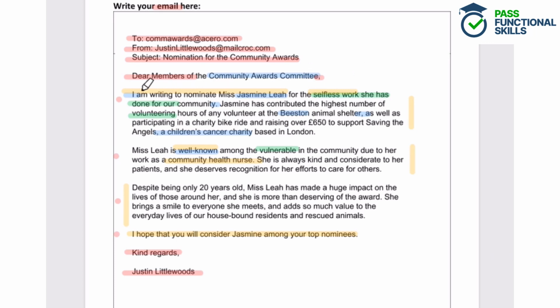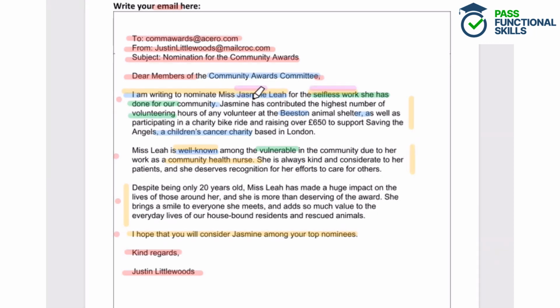So for example, in the first paragraph, we've got, I'm writing to nominate Miss Jasmine Lear for the selfless work she has done for our community. So we've mentioned the person here that we're nominating and mentioned that they've been doing this selfless work. Then we have a further description of this.